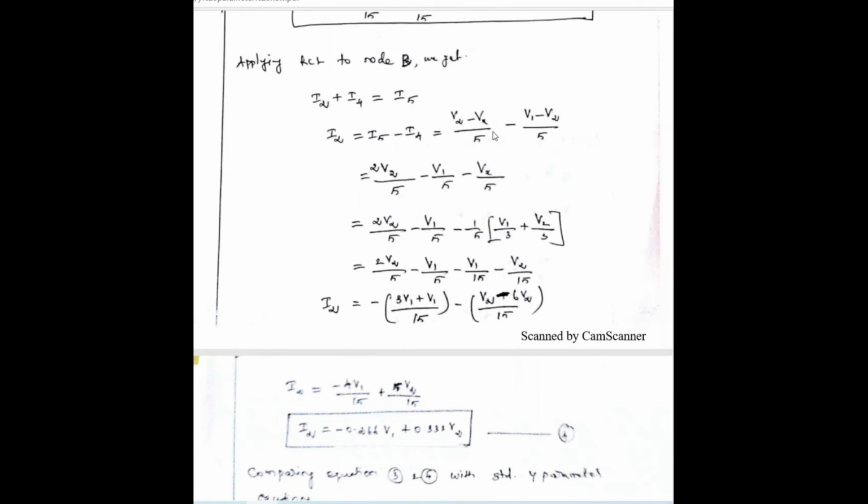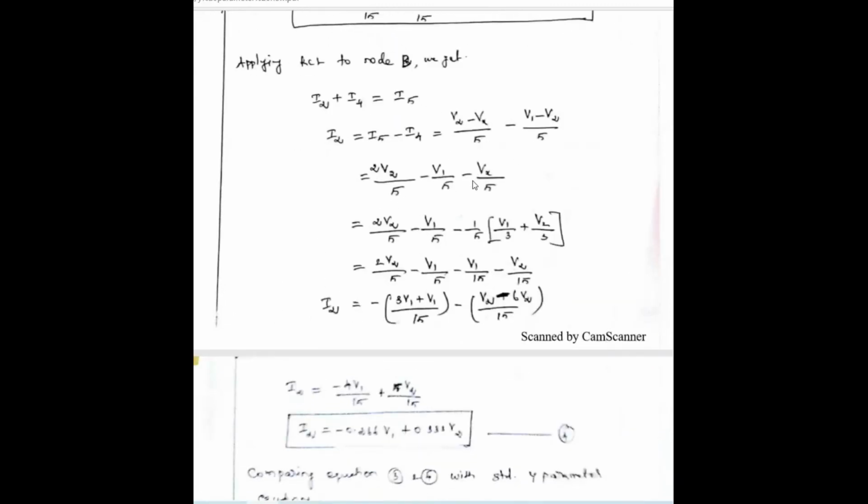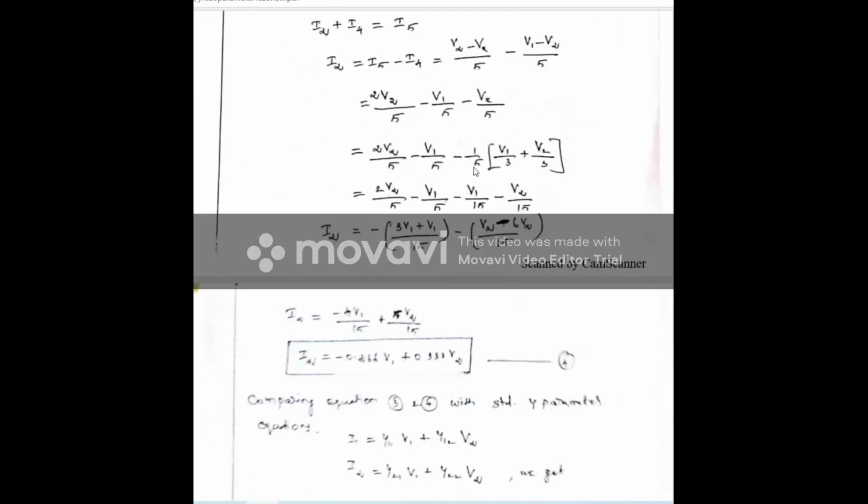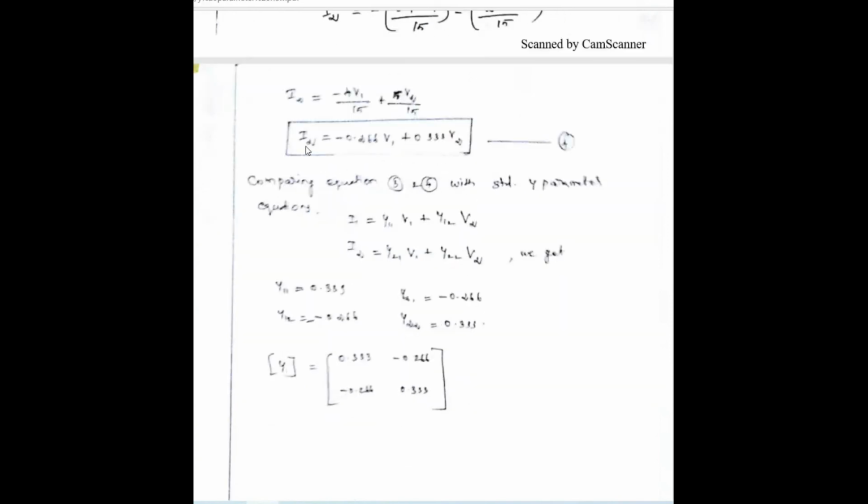We have to eliminate this Vx value. We already derived the Vx value from equation number 2. So substitute the value of Vx here and combine the V1 term and V2 term. We will get the equation I2 equals minus 4V1 by 15 plus 5V2 divided by 15. So I2 equals this, which is the answer.